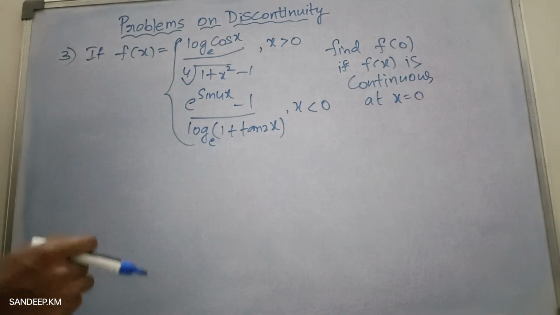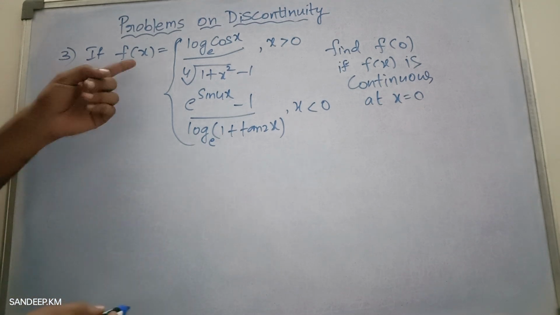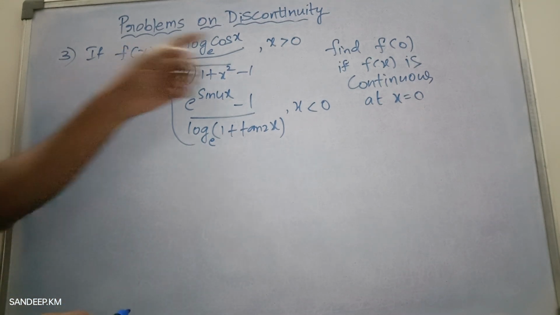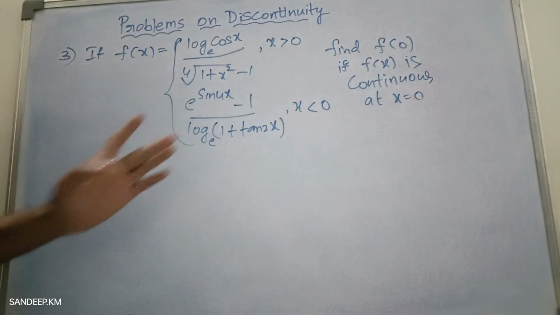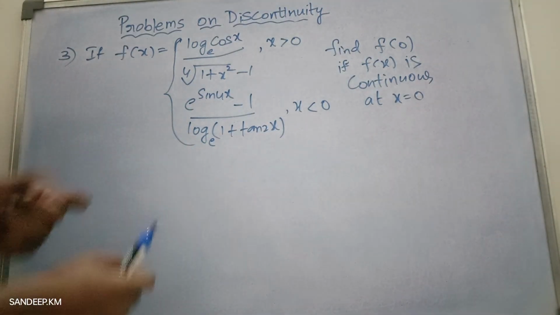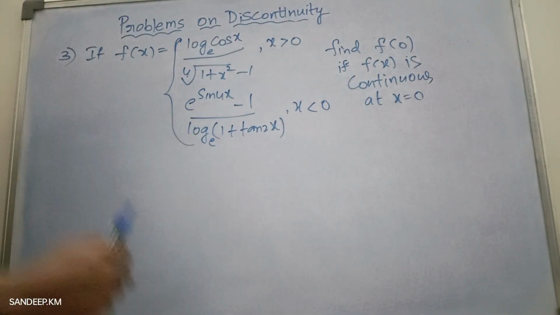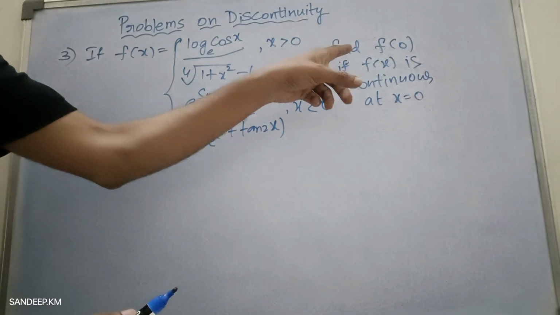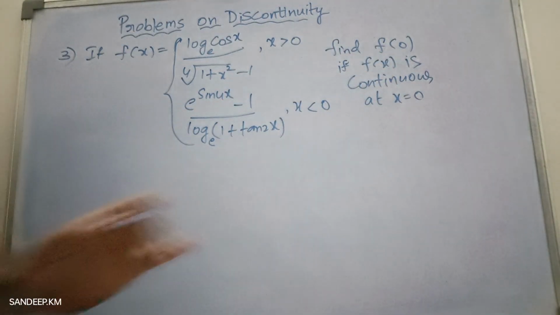Third question, a little caution must be added while solving this particular question. They have given function f of x. If input is greater than 0, you can take this function, and if input is less than 0, you can take this function. But they did not say what is f of x when input x is equal to 0. They told us to find the value of f of 0 if the function is continuous at x is equal to 0.